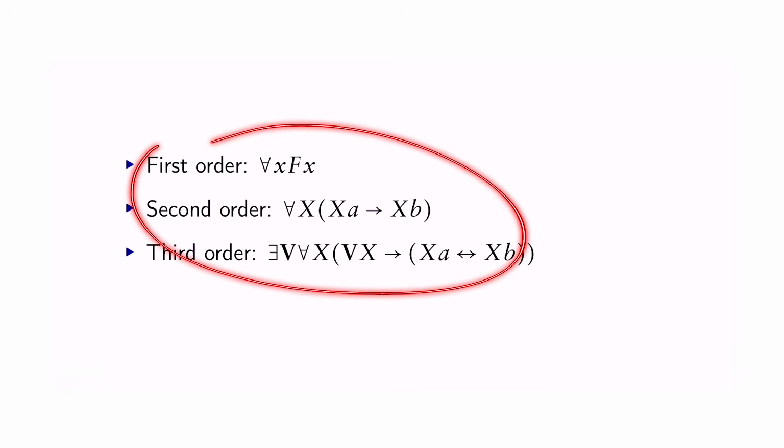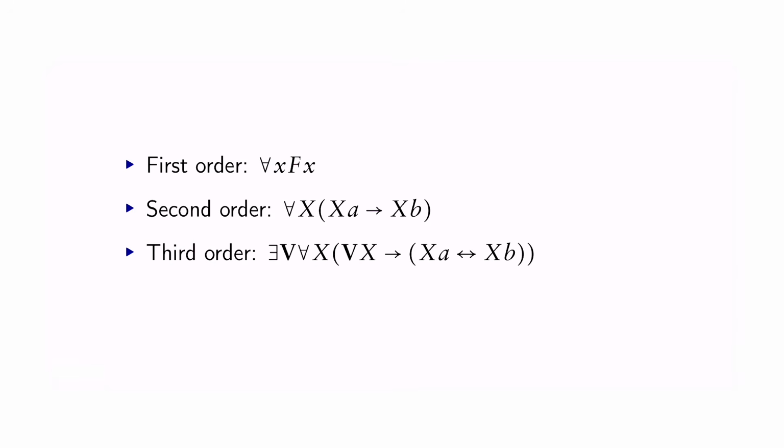Type theory gives us a way of going up the orders or up the type hierarchy, up as high as we want to go, so arbitrarily high. Kind of what we've been doing implicitly in these logics is saying, here's a predicate and it's taking an individual variable, and here's a quantifier and it's quantifying over individual variables, and here's a second order quantifier, it wants a second order variable, and here's a third order quantifier.